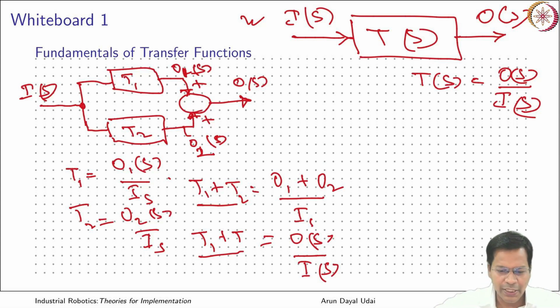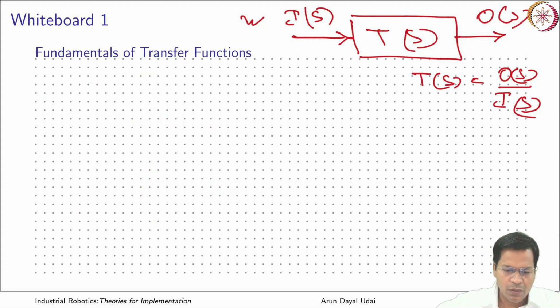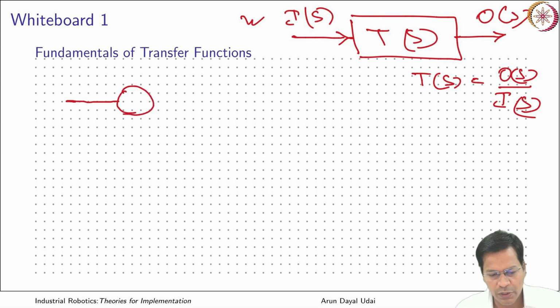Now let me again wipe it off and show you one more example. Let me draw it in a closed loop way, because the way we want to do it now is a closed loop application. This is your input that comes to the summing block, that is plus.